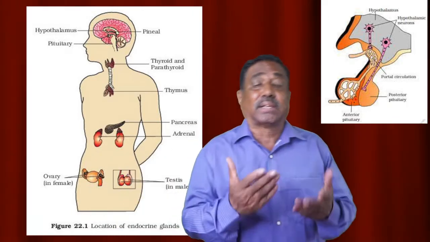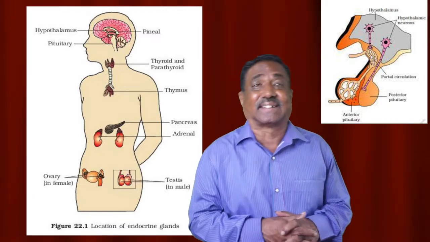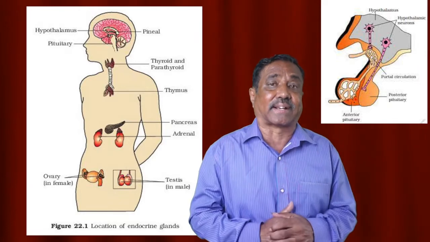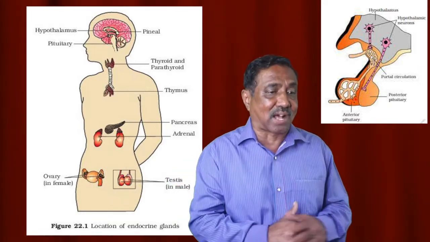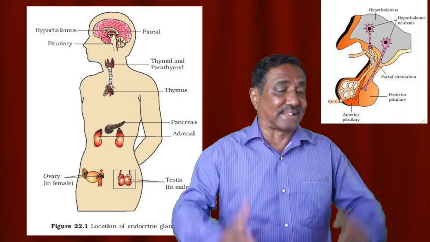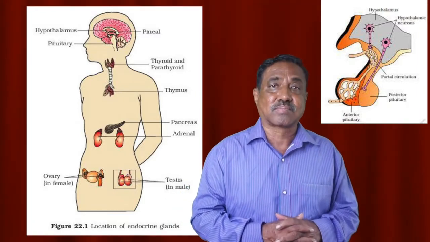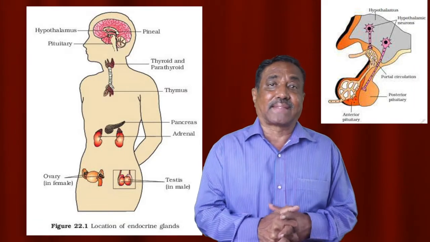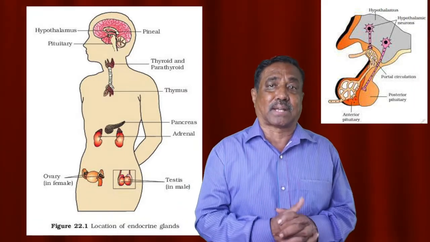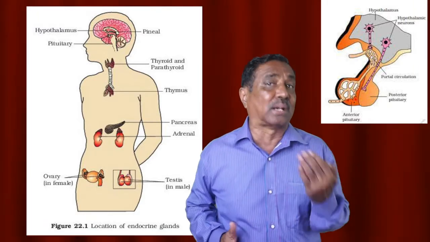Not only the endocrine glands, there are certain glands like the gastrointestinal glands that also secrete certain hormones. Liver also secretes hormones. Kidney and heart also produce hormones. And it is the hypothalamus which secretes two important hormones, GnRH, gonadotropin releasing hormones.